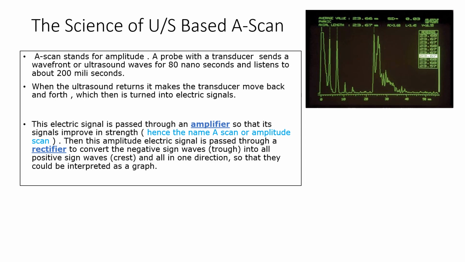This electrical signal is passed through an amplifier so that its signal improves in strength. Therefore, the name amplitude scan, A scan. These signals are then transferred through a rectifier to convert the negative sine waves into positive sine waves, all in one direction, so that they can be interpreted in this graph over here.